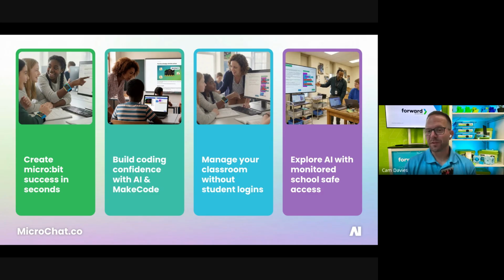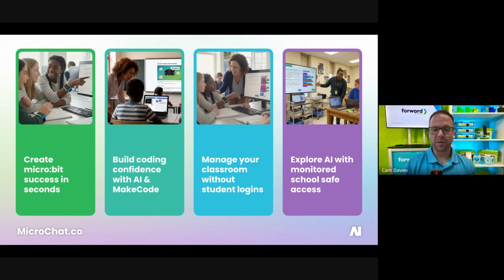So with MicroChat, one of the best ways to get started is that you can create MicroBit success in seconds just by using a plain text prompt and then creating the block code, which then can be downloaded onto your MicroBit so that it works. So students get that very rapid iteration of taking an idea that they have, like create a smiley face or create something complex like our dice rolling game or rock, paper, scissors, and having it working immediately on their MicroBit, really helping them tie idea to output.